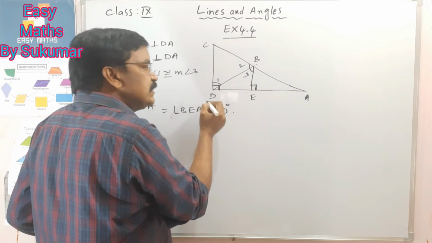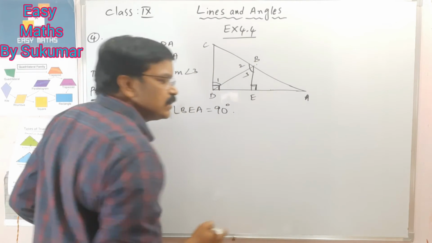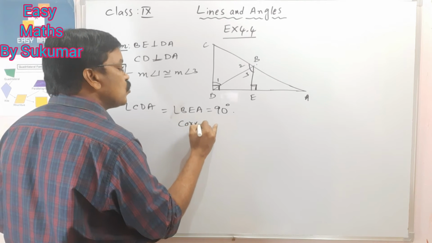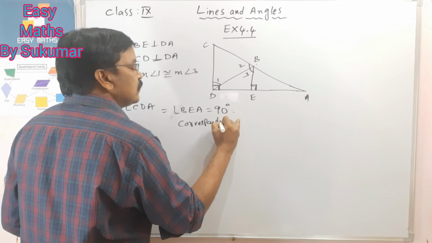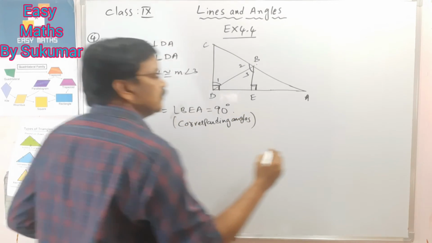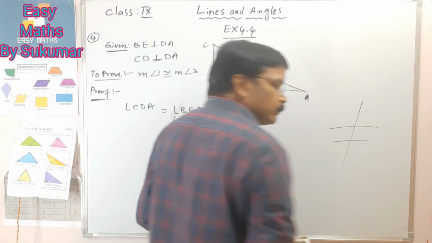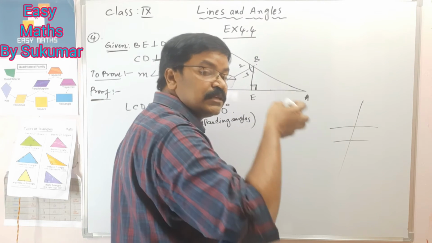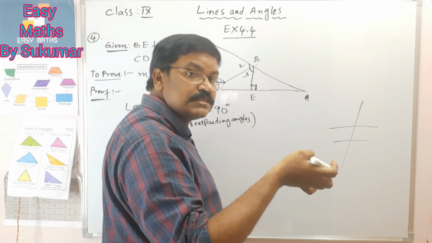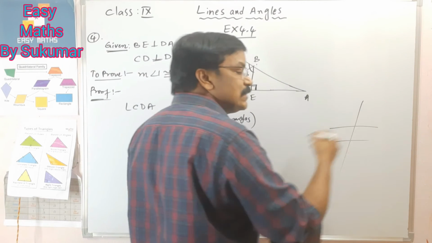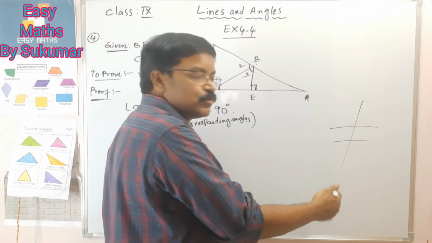Actually, angle CDA and angle BEA are called corresponding angles. Corresponding angles are formed when two lines are intersected by a transversal.